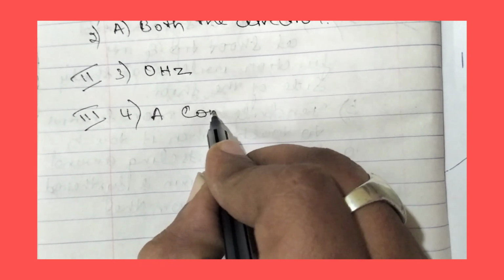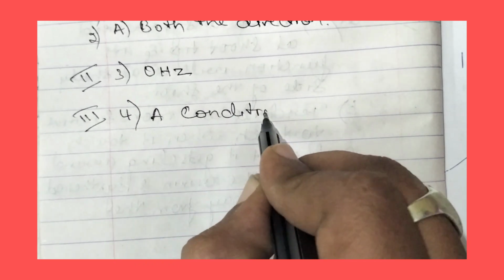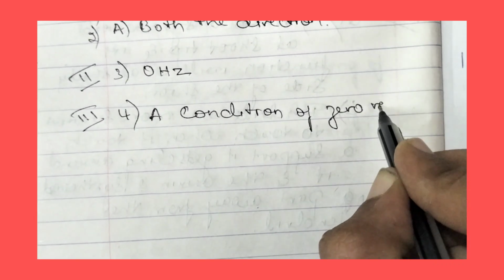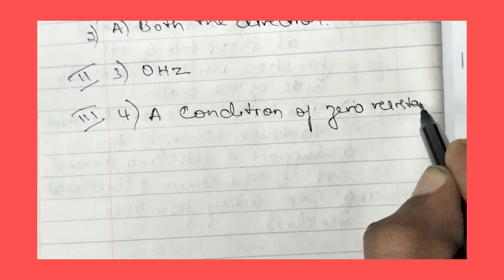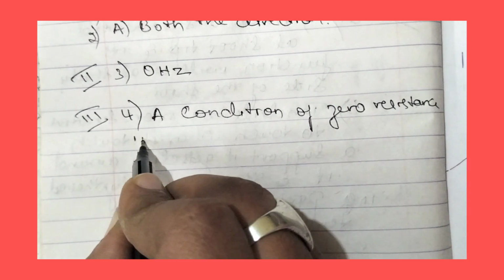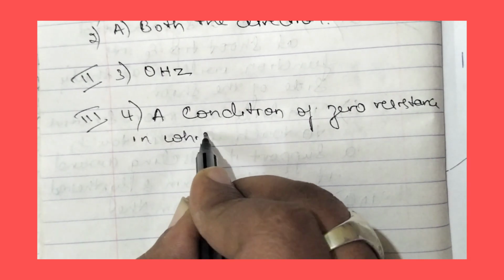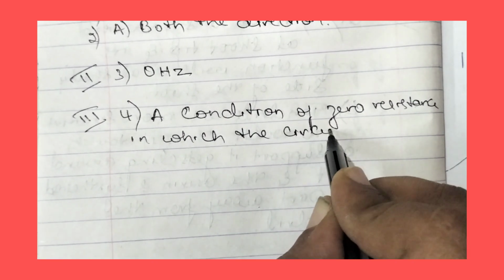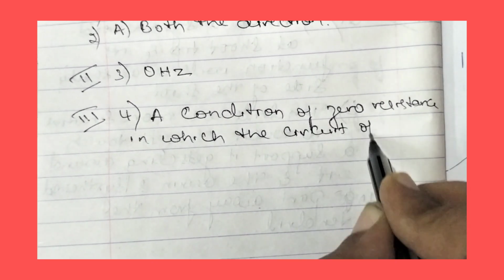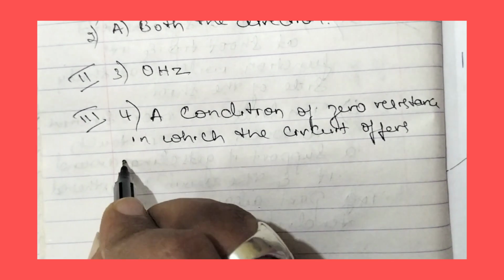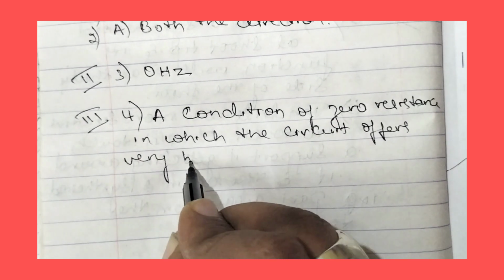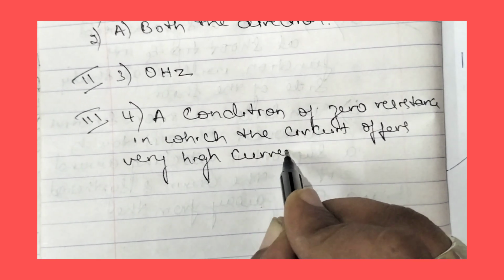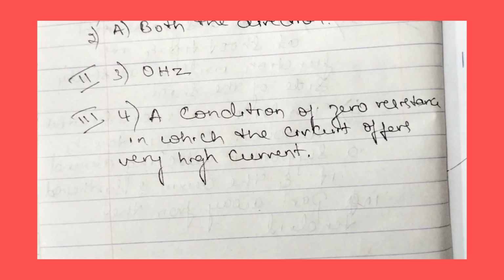A condition of zero resistance in which the circuit offers very high current is called a short circuit.